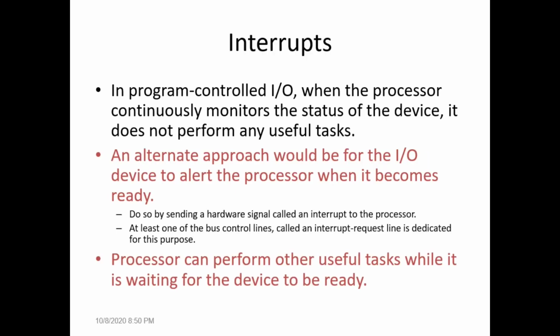Let me explain the disadvantage of program controlled I/O before studying the interrupts. As we all know, in program controlled I/O, if an input or output device is not ready, then the processor has to wait for that device to get ready. For example, if the processor needs some data from the keyboard and the keyboard has not prepared any data, then the processor keeps waiting for the keyboard as long as the keyboard prepares the data.